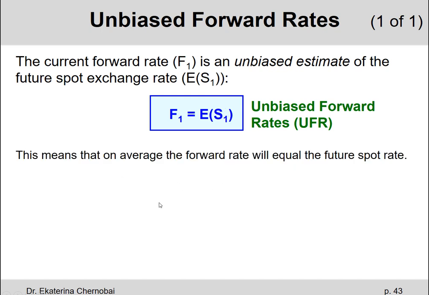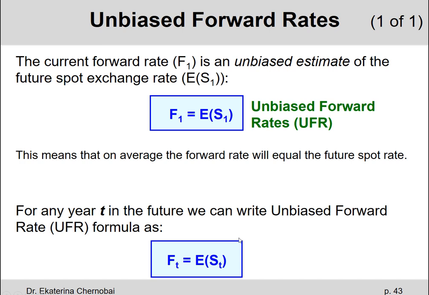We can also apply it to any time in the future, even though in real life, technically, forward rates don't go beyond 1 year. It's more like a few month forward rate. But in general, for any year T in the future, and maybe this T is not even beyond 1 year, maybe it's just a few months. So maybe this formula is adjusted to reflect a few months in the future.